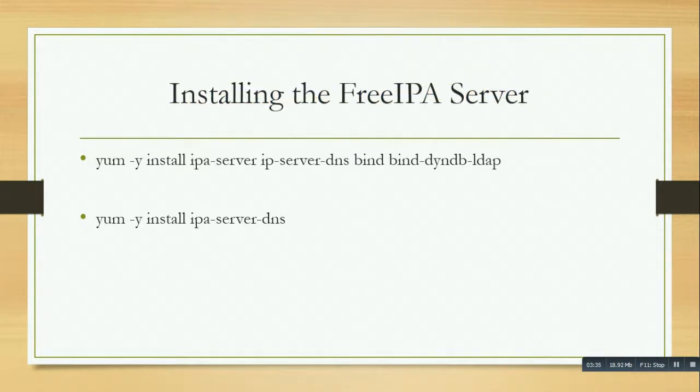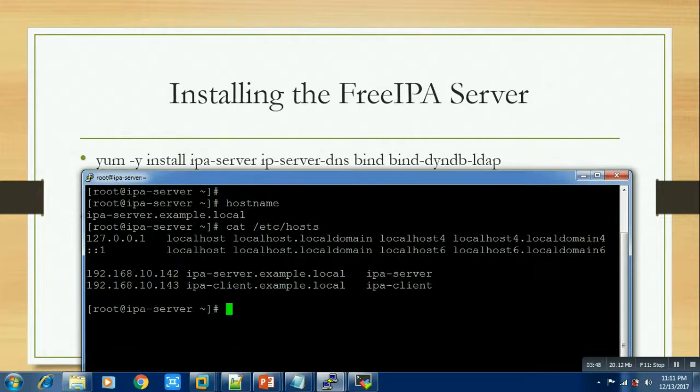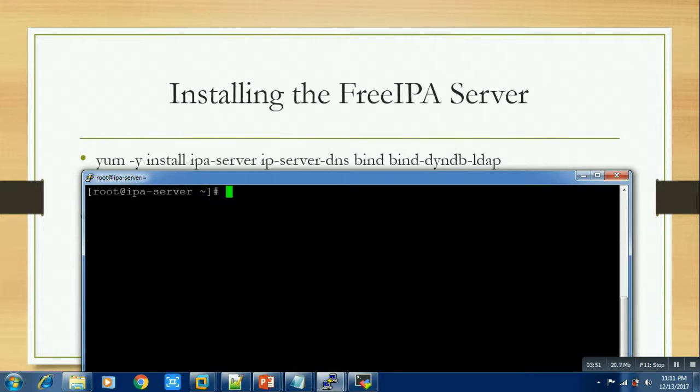These are the packages which we need to install on our server. So let's go install these packages. I hope you can see the screen. yum install ipa-server and ipa-server-dns bind bind-dyndb-ldap.